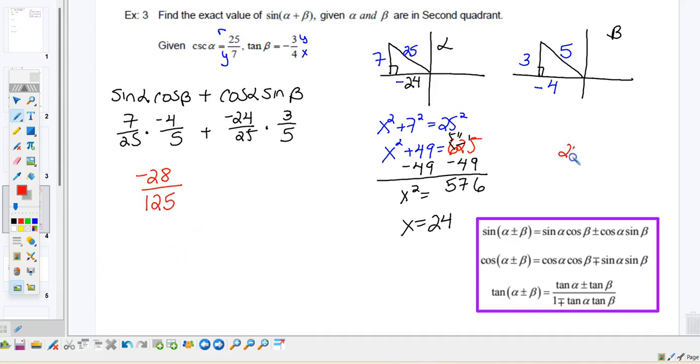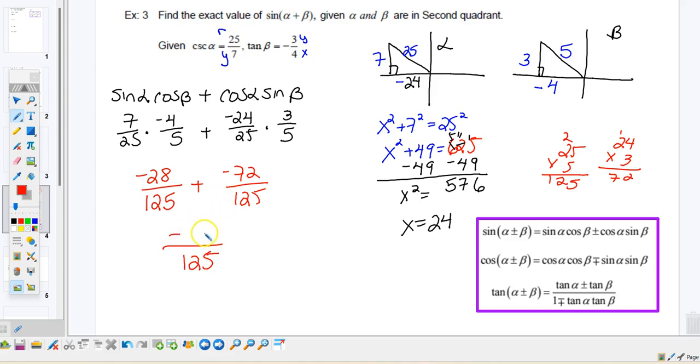Or you can multiply it out. 24 times 3. Keep my denominator the same. Now I can subtract them. So adding 2 negatives, it's like adding our numerators with the negative.